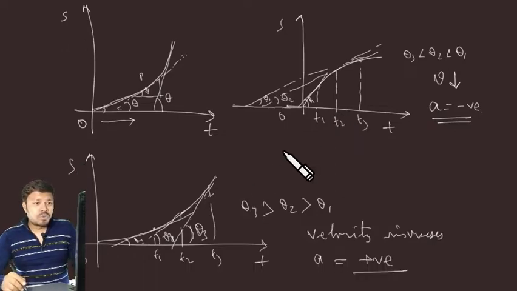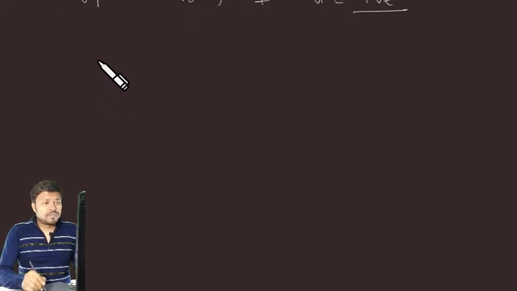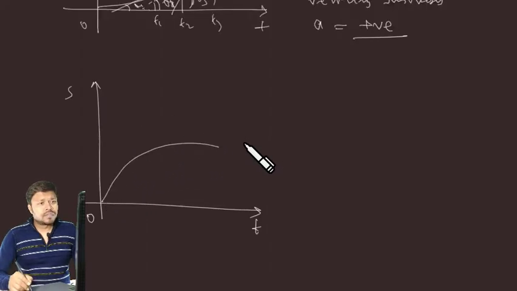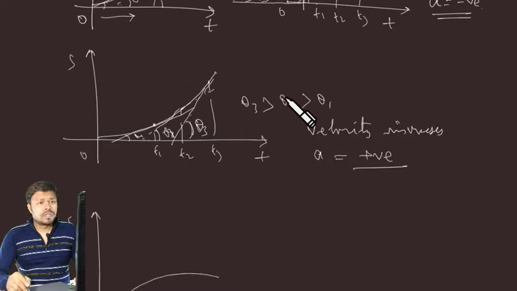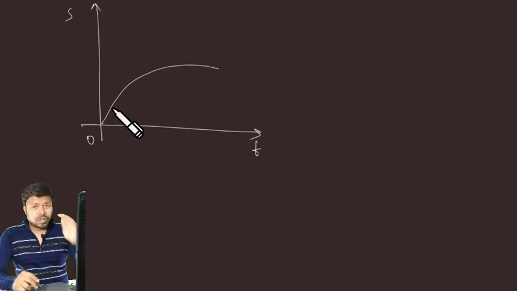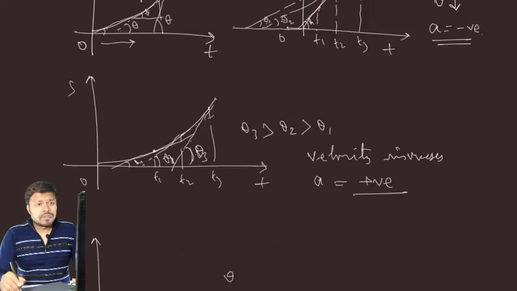So from these two, we can conclude that in the displacement time graph, one very important thing: when the curve is downward, something like this or this one, when the concave is downward, all right, then the velocity decreases.